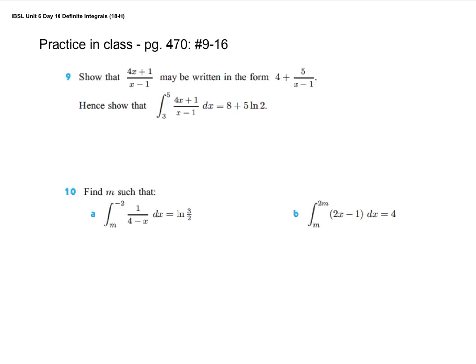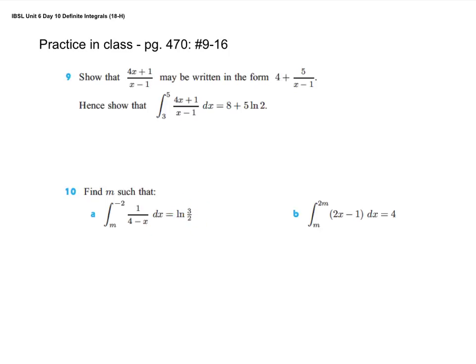Okay? Also, number 10, notice I gave you some that weren't just straightforward fundamental theorem of calculus, because we already did some of that. So here we're kind of stepping up the level of difficulty a little bit, because notice we have a function and we know what we want the area to be.